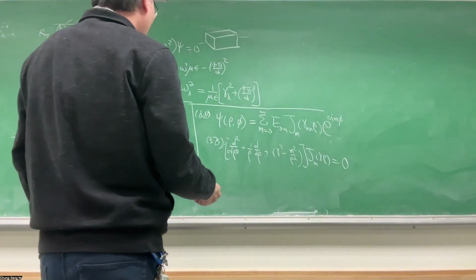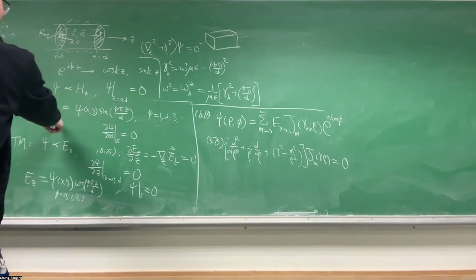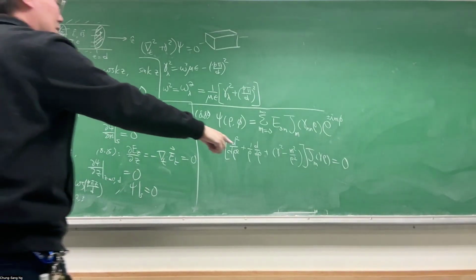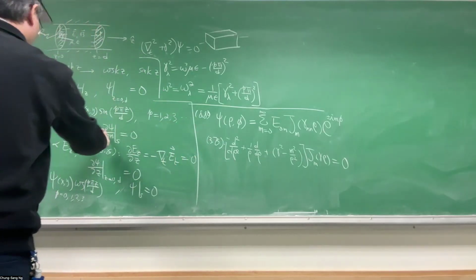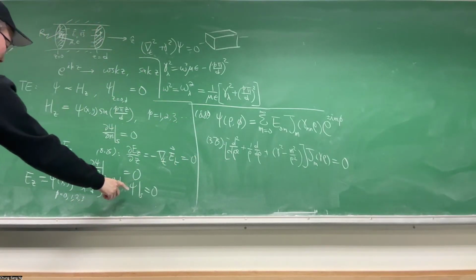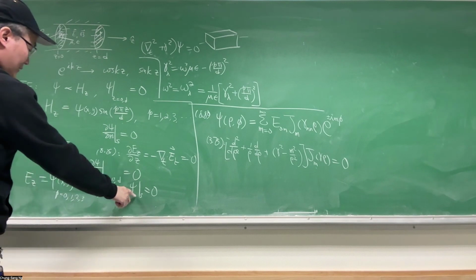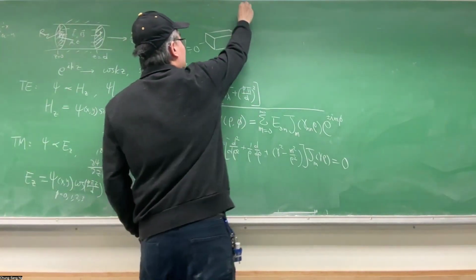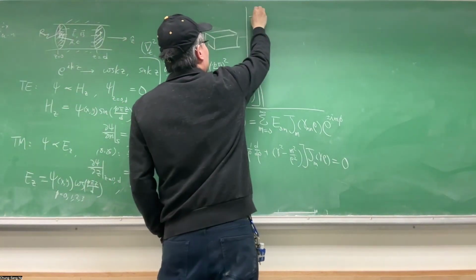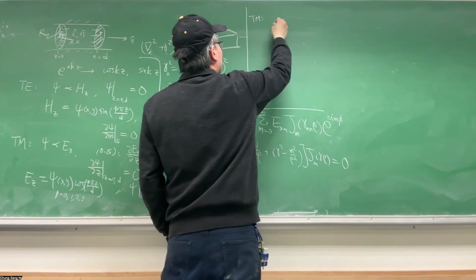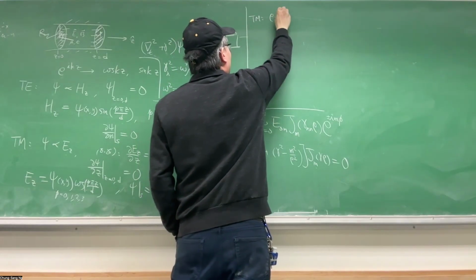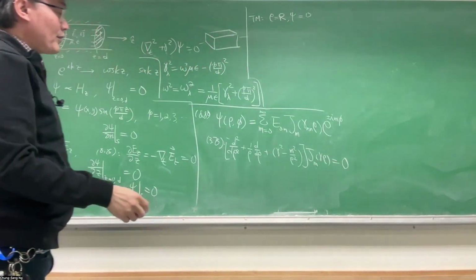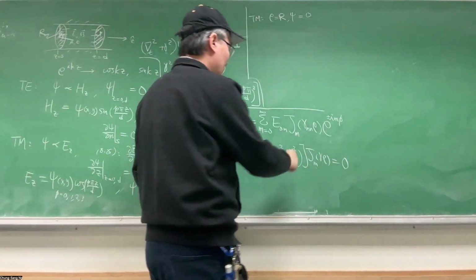To impose the boundary condition depends on the case. For the TM mode, psi is 0 on the surface, on the side surface. The boundary condition on the surface is rho equals r. Psi is 0. So you want the Bessel function to be 0 on the surface.